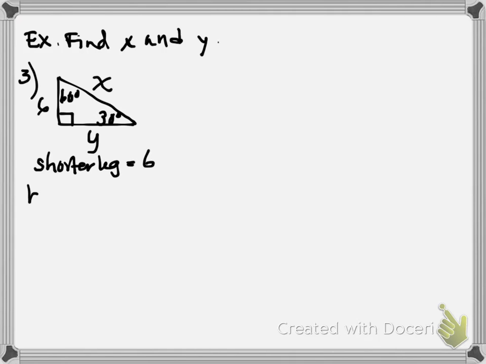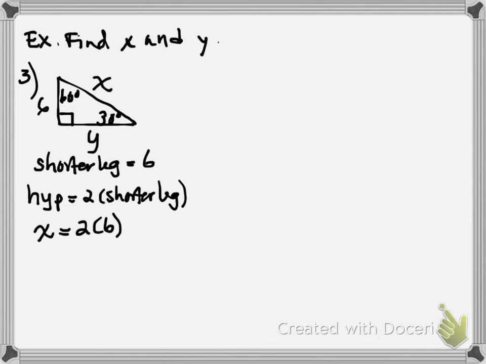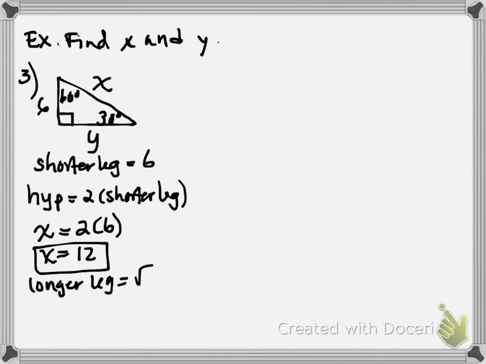So the hypotenuse is equal to twice the shorter leg, according to the theorem. So the hypotenuse, which is x, would be twice the shorter leg, so 2 times 6, and we get x equals 12. So there's our first answer. Now, the longer leg is equal to radical 3 times the shorter leg.